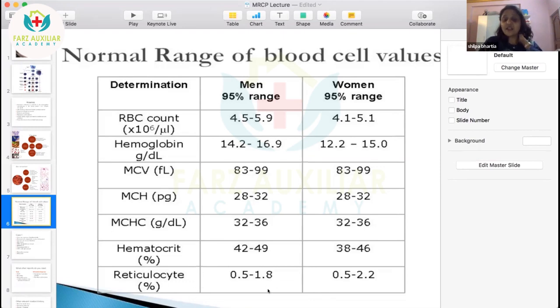If the reticulocyte count is below 0.5, you know it's a bone marrow infiltrative or production issue. Whereas if the reticulocyte count is greater than 2, 3, 4, 5, you know it is a hemolytic problem. There is no problem in the bone marrow producing the cells, and you will not do a bone marrow test in these people.